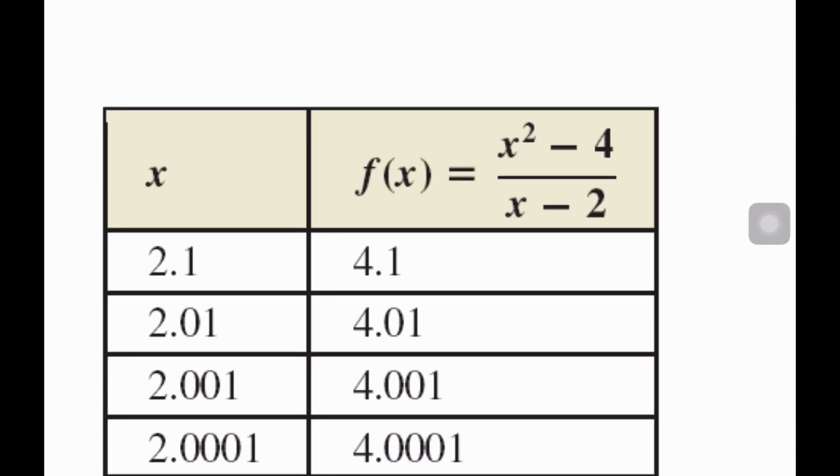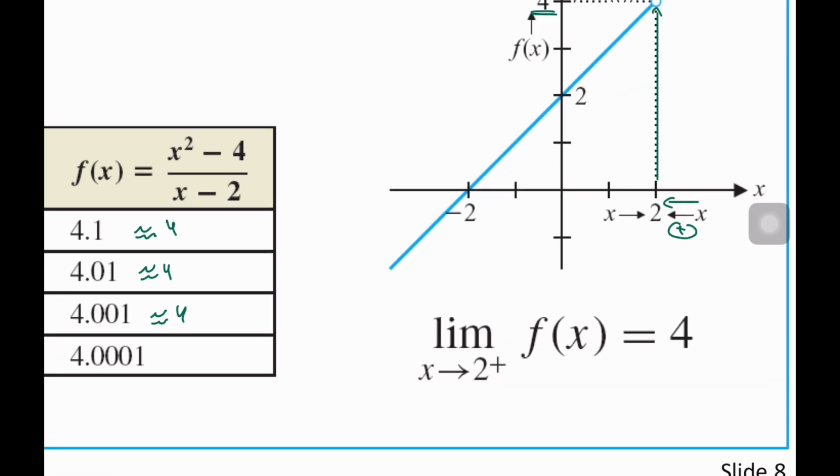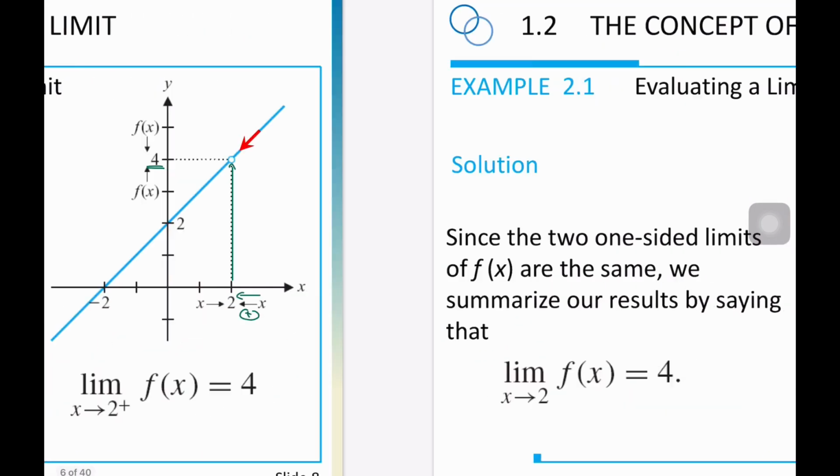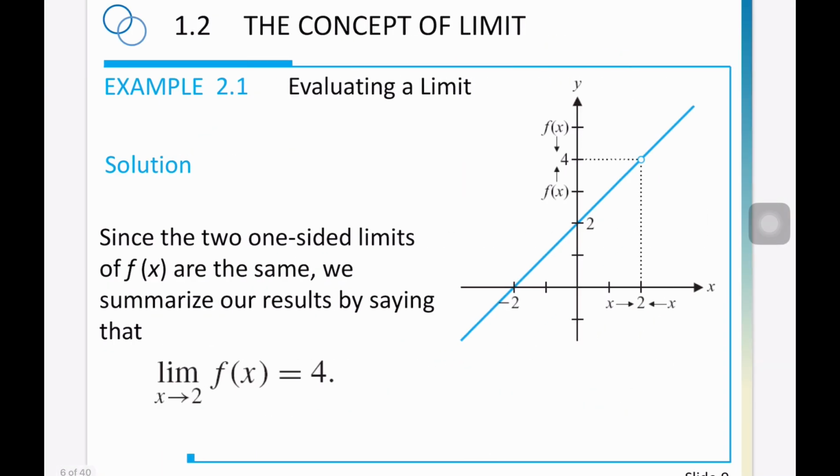And using a table as well, if we take values of x closer to 2, like 2.1, 2.01, 2.001, as we're getting closer to 2, we're also getting closer to 4. So the limit of f of x as x approaches 2 from the positive side is equal to 4. As we discussed earlier, both limits exist from the positive and negative side, and they are both equal to 4.